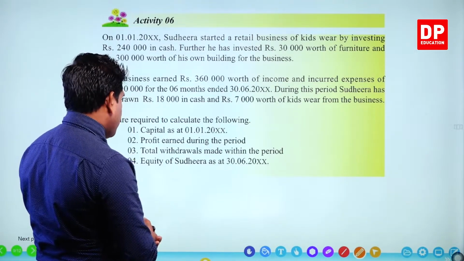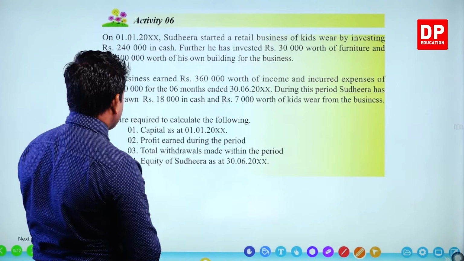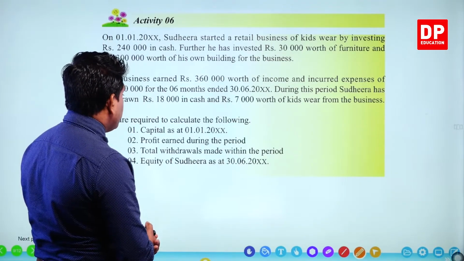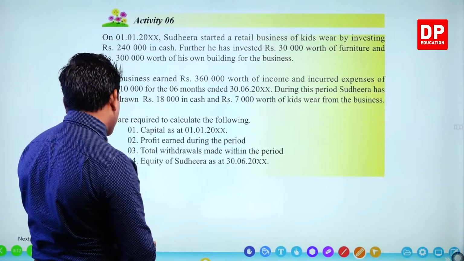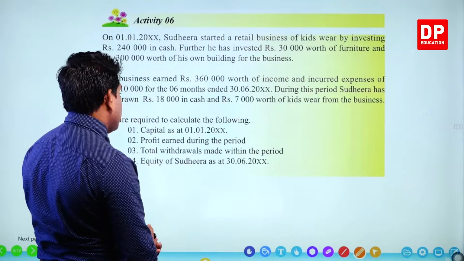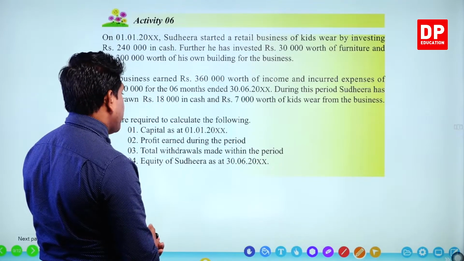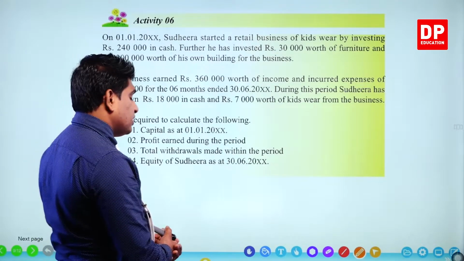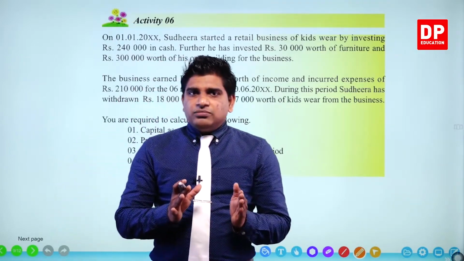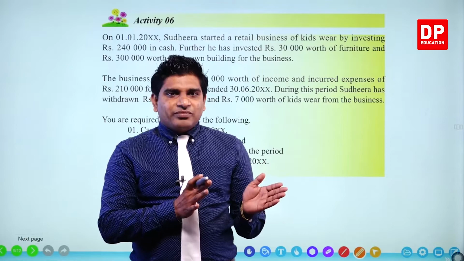Capital as at 1st of January 2020. Profit earned during the period. Total withdrawals made within the period. Equity of Sudhir as at 30th of June 2020. You know this. When the business earns income, your equity increases.